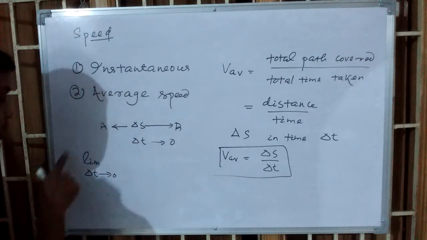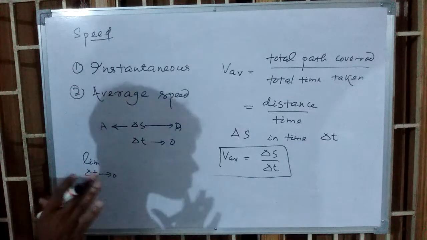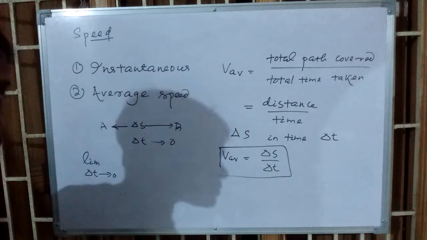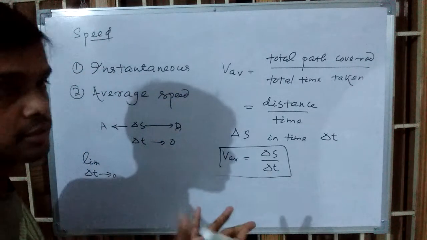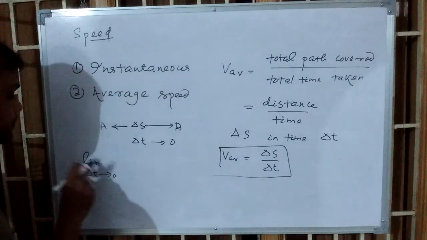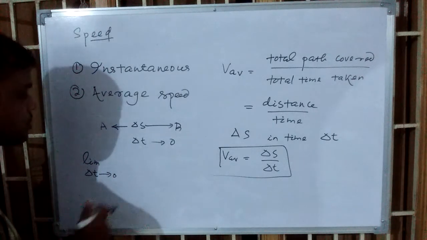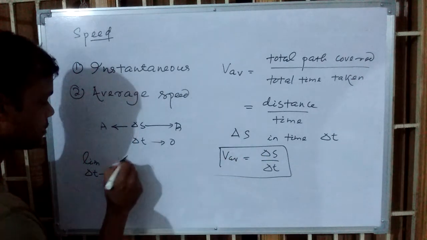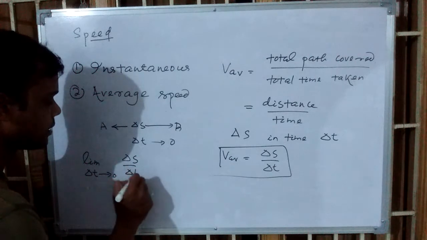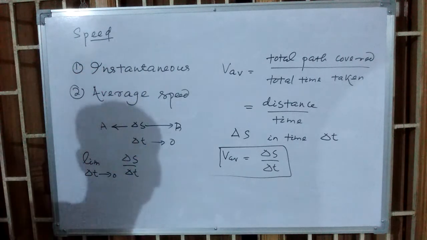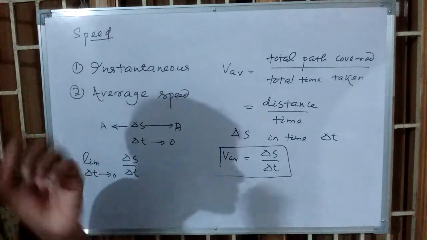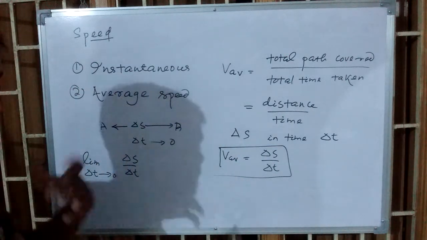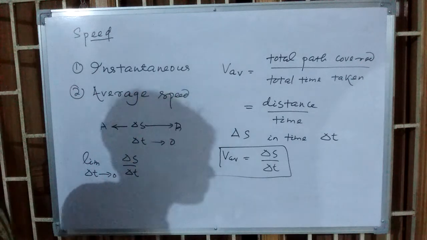We have already gone through these terms in our mathematical physics. Then limit del t tends to 0 of del s by del t. Now you see, if del t tends to 0, that means del t becomes very, very small. That refers to an instant.